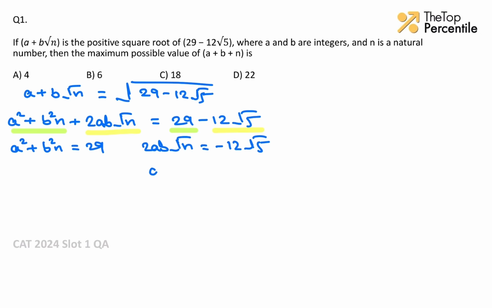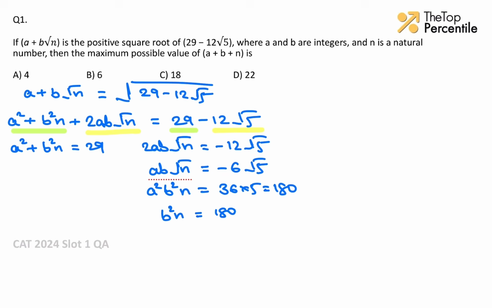So let's work on this further. This will be ab root n equals minus 6 root 5. On squaring, this will be a square b square n equals 36 into 5, that is 180. Let me rewrite this as b square n equals 180 by a square, because I have b square n here. Let's substitute. This will give me a square plus 180 by a square equals 29.